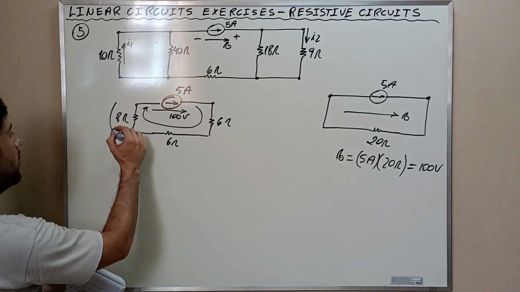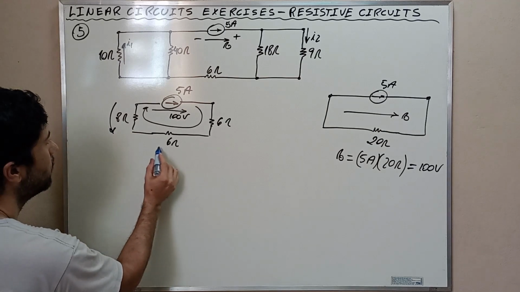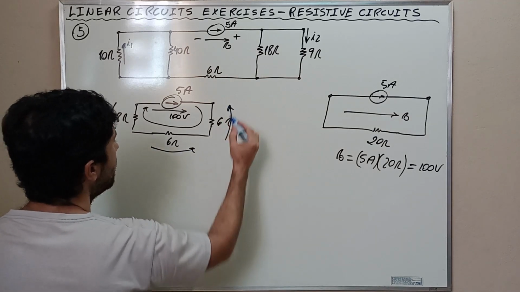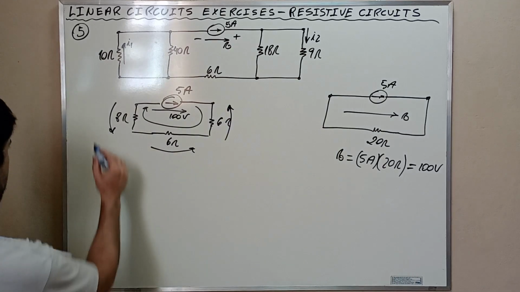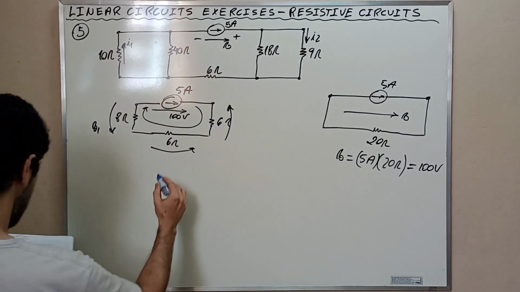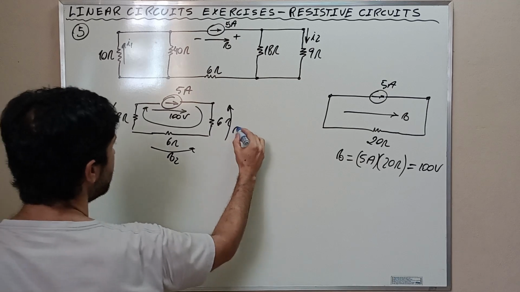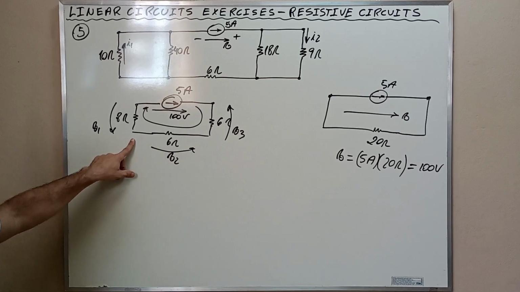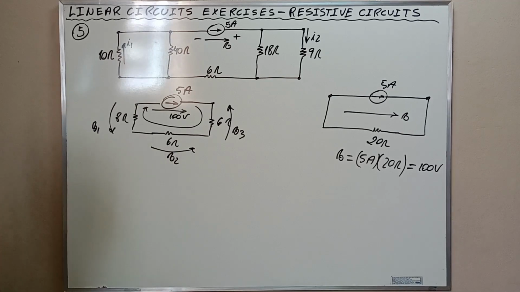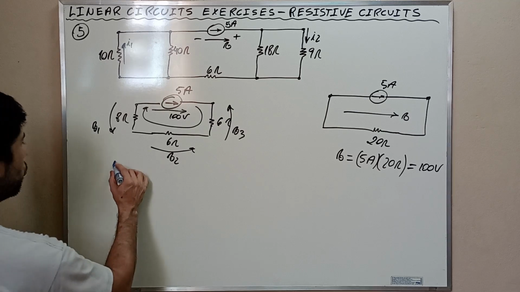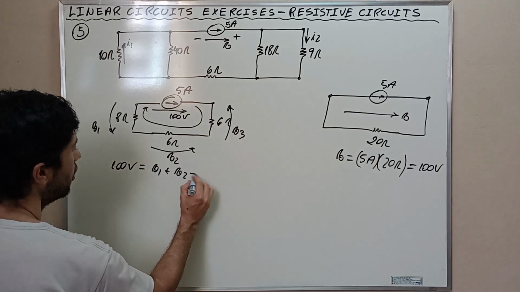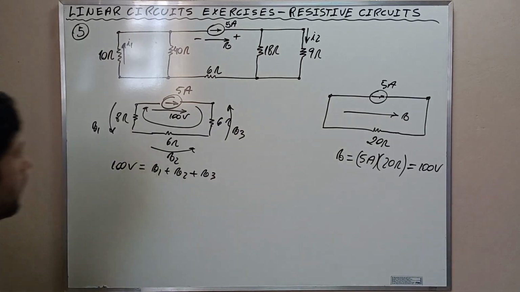Then there is going to be a voltage drop here, a voltage drop here, and a voltage drop here, okay? We're gonna call it here V1, V2, V3, okay? So, what are we understanding here, alright? We are understanding that 100 volts is equal to V1 plus V2 plus V3, okay?